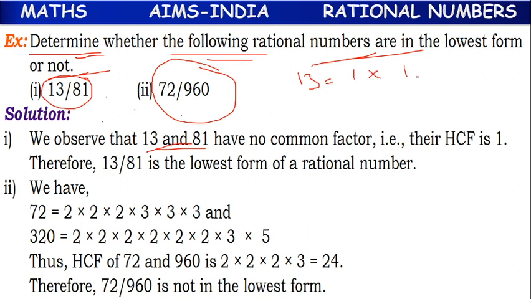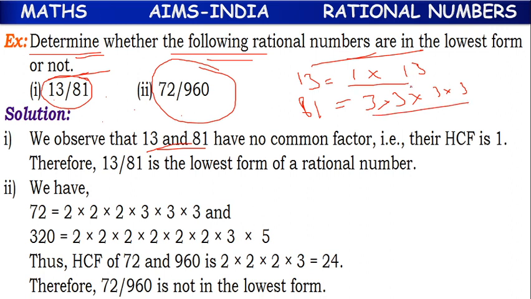If we do prime factorization, we can take it as 1 into 13. 81, we can write it as 3 into 3 into 3 into 3. 9 into 3, 27 into 3, 81. Is there any common factor?